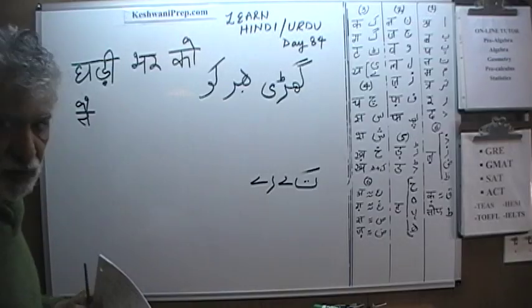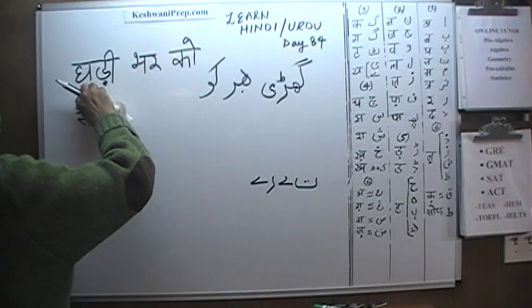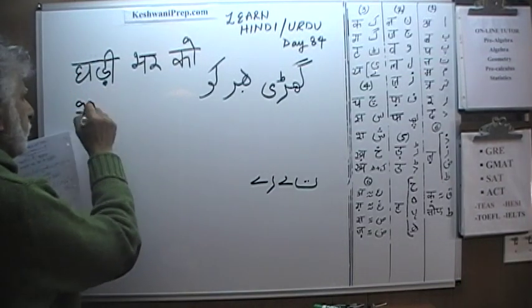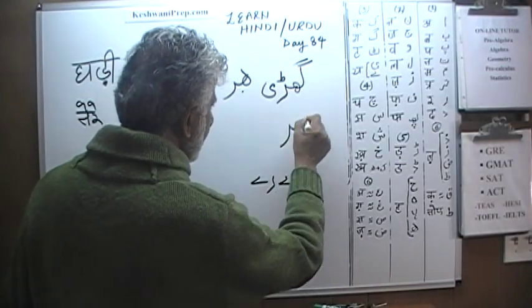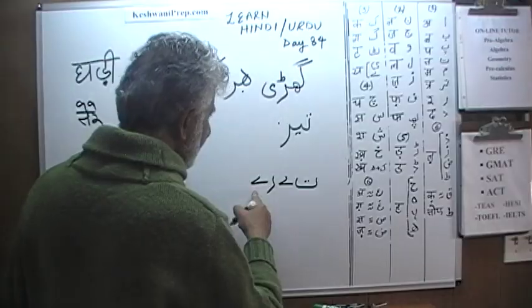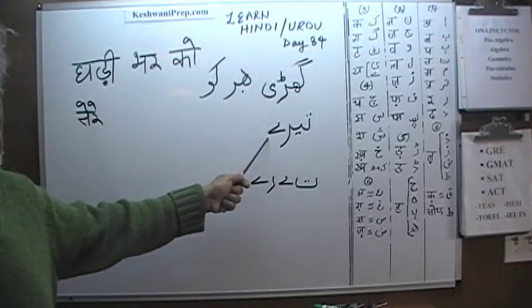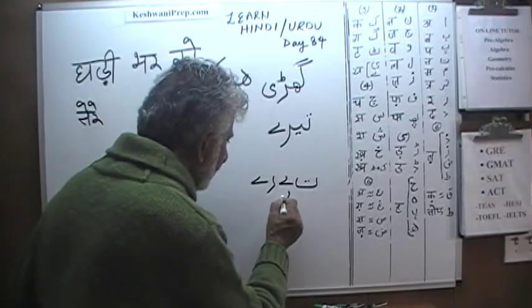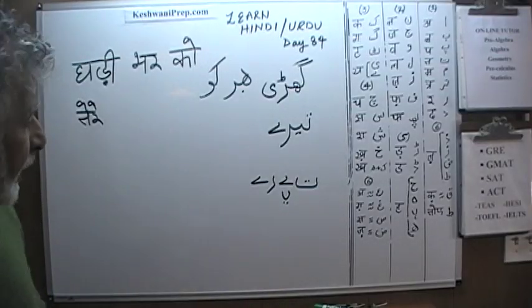That's not what we need. We need a choti ek ki matra. So there is no zabar on top of te. Tere. And when we put them together, it looks like this. Te, ye, re, and then this badi ye maintains its shape because it comes at the end. If it comes at the end, it's going to maintain its shape. If it comes in the middle, it takes this shape. Ghadi bhar ko tere.